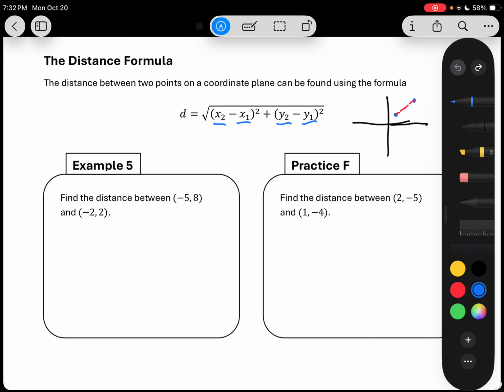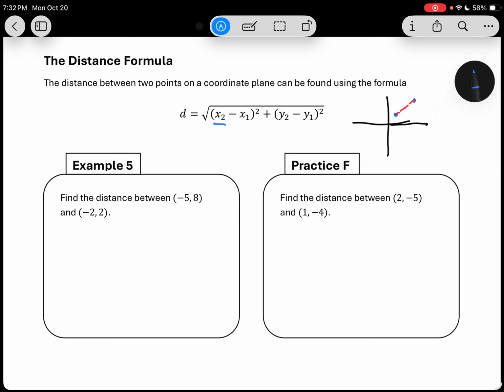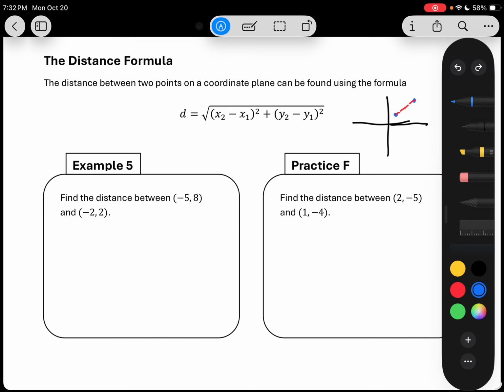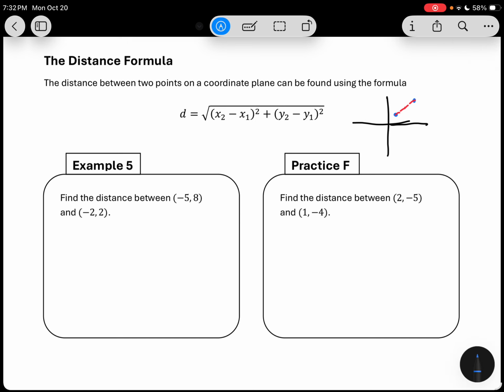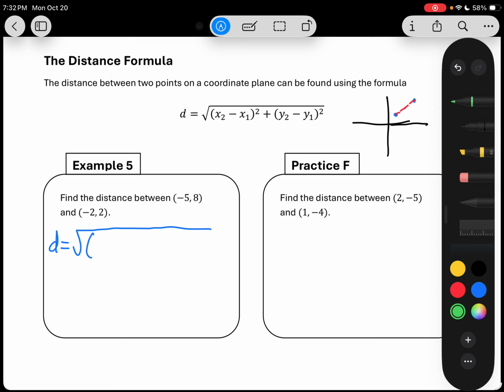So let's take a look at example 5. Find the distance between -5, 8 and -2, 2. So the distance would be the square root of, let's go ahead and label these. So let's say that's x1 and that's x2.